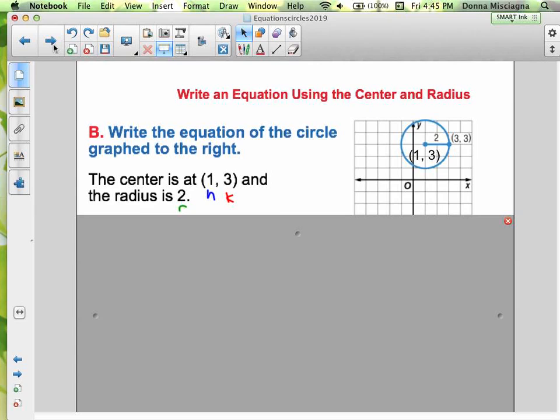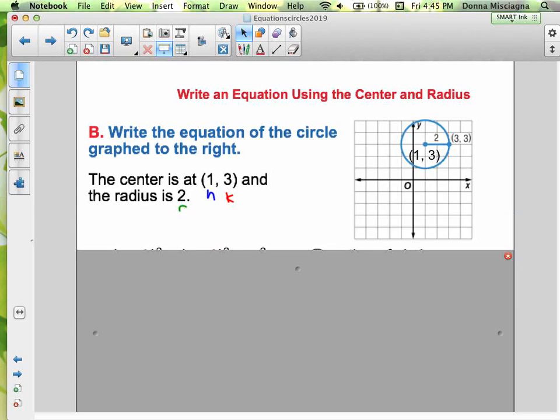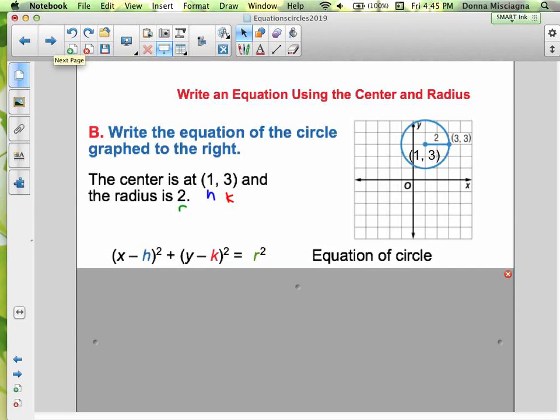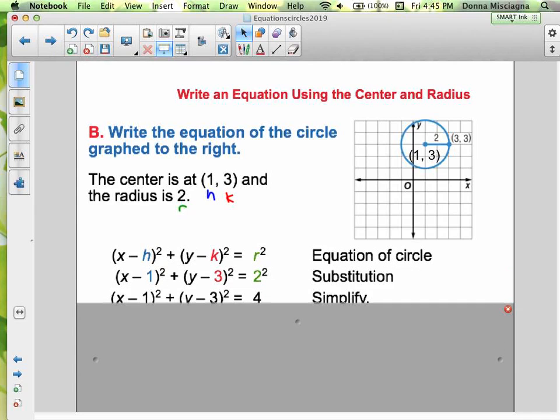So we take the formula for the equation of the circle, which is (x minus h) squared, notice that x minus h is in parentheses, plus (y minus k) squared in parentheses, equals r squared. We replace the h with a 1, the k with a 3, and the r with a 2, and then we just simplify and we get the equation.